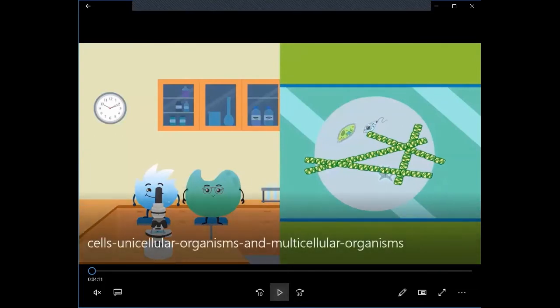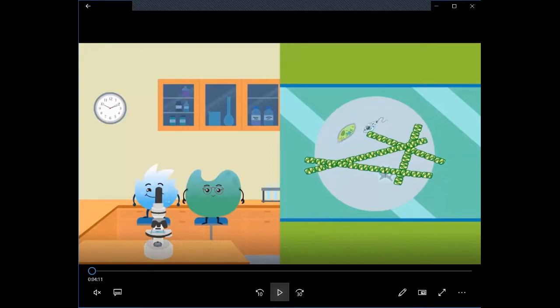Go and take a closer look on the screen. Can you see something different? Yes. What are those? What are those lines with small dots in green color? Are they unicellular organisms too?